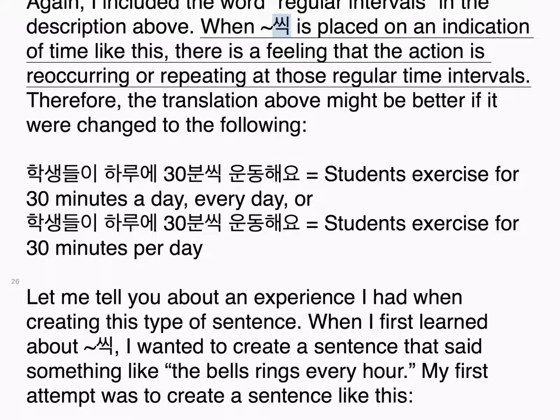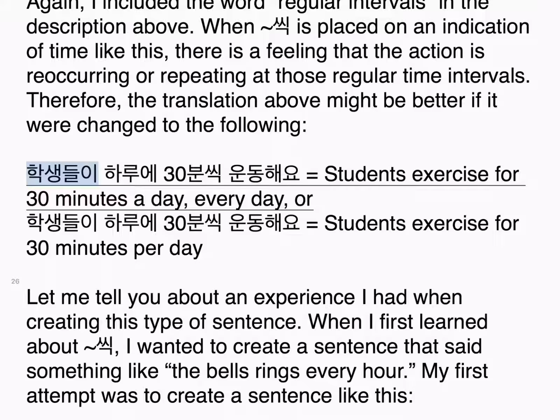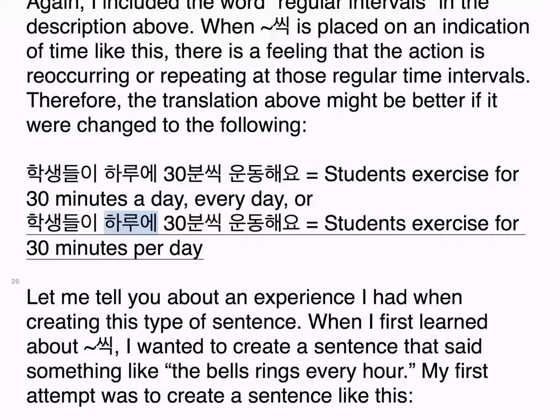When 씩 is placed on an indication of time like this, there is a feeling that the action is reoccurring or repeating at those regular time intervals. Therefore, the translation above might be better if it were changed to the following. 학생들이 하루에 30분씩 운동해요. Students exercise for 30 minutes a day, every day, or students exercise for 30 minutes per day.